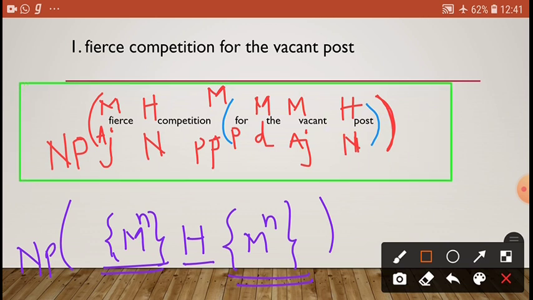This is how you will write your answer in the examination, okay. So, this phrase can be asked for 2 marks. In the exam, this phrase can be asked for 2 marks, okay. So, let us go to the next phrase.